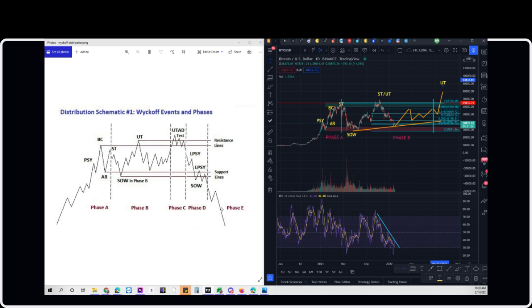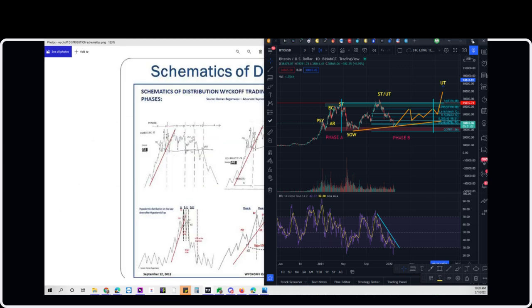And ultimately, let me give you my guess. Ultimately, we go down to somewhere between 21 and 24K. We never go under 21K ever again. And that becomes the bottom, and we start to reaccumulate. We flip from a distribution schematic to an accumulation schematic, and you go from there.